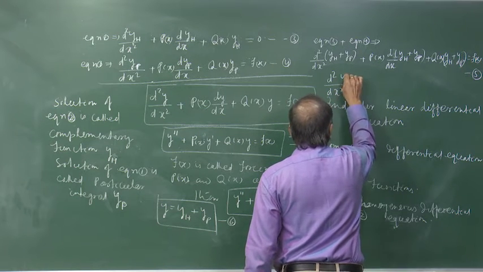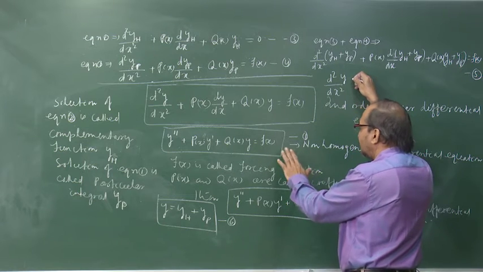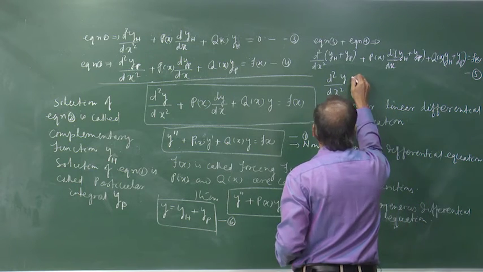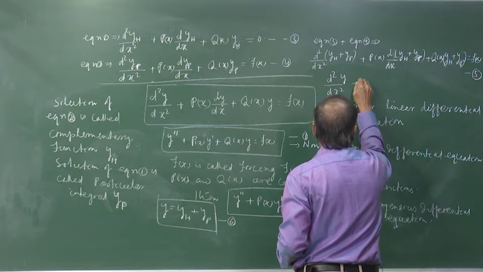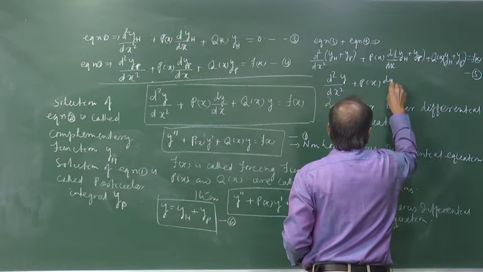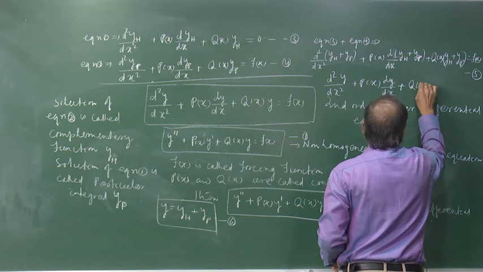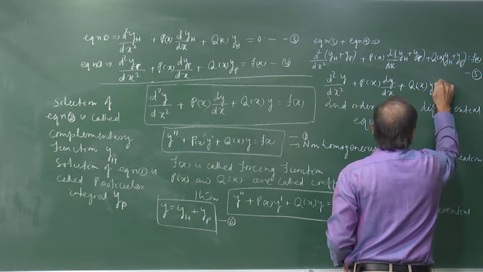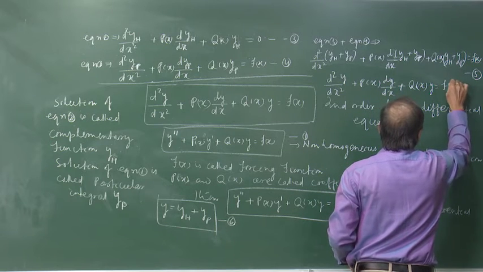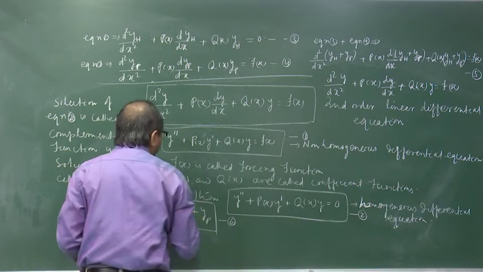Therefore, you can say that this is our equation 1, that is the original non-homogeneous differential equation, d square y by dx square plus p of x into dy by dx plus q of x into y is equal to f of x, where y, the solution of this differential equation, has two parts.